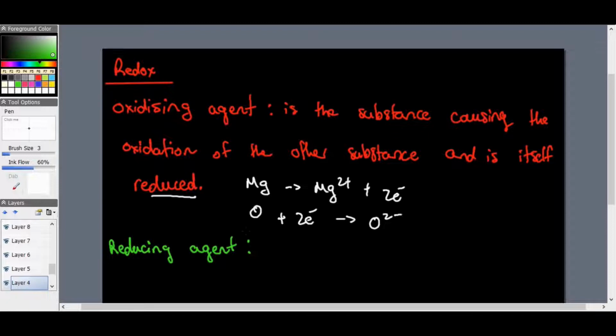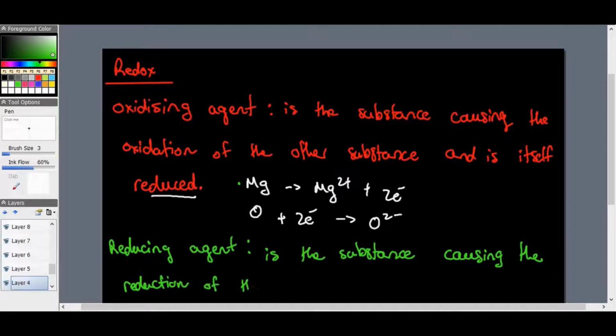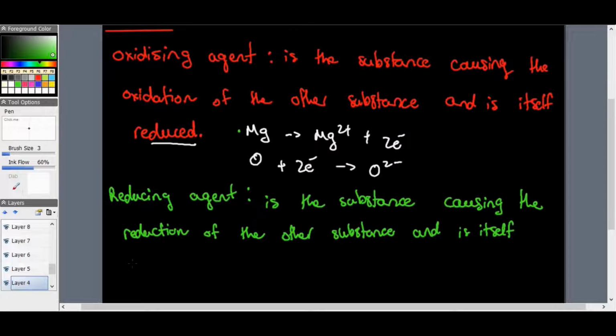However, the reducing agent, this is the substance, which is in the oxidation half reaction, causing the reduction of the other substance and is itself oxidized.